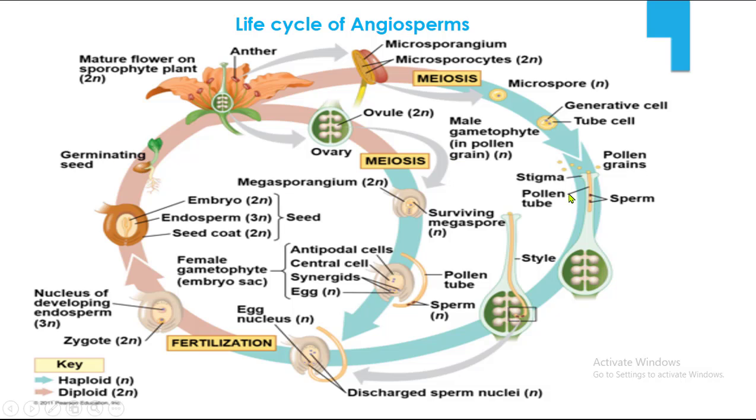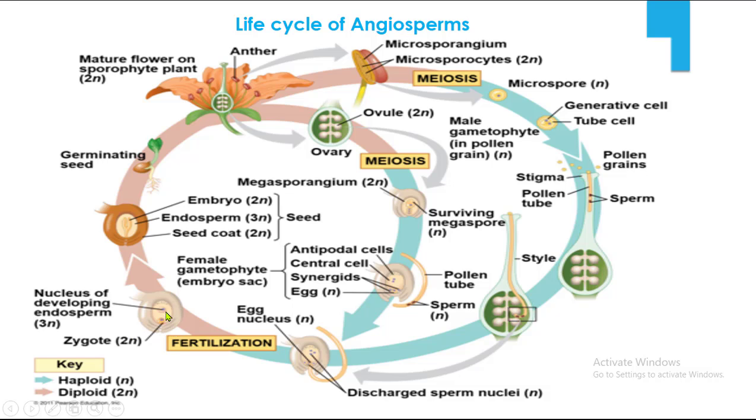So here you also notice that there is alternation of generation between sporophyte generation and gametophyte generation. How? The sporophyte generation gives rise to male and female gametophyte generation. Male and female gametophyte generation produce male and female gametes, and those gametes fuse to form the zygote.